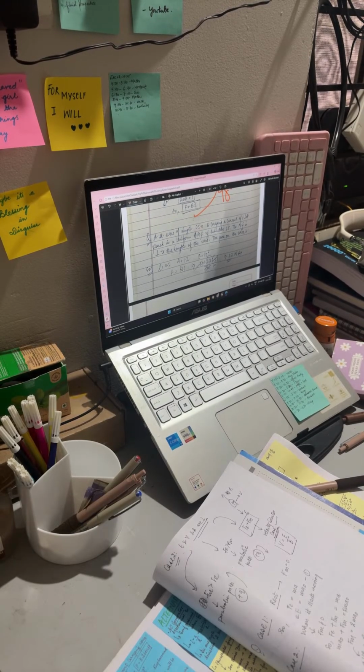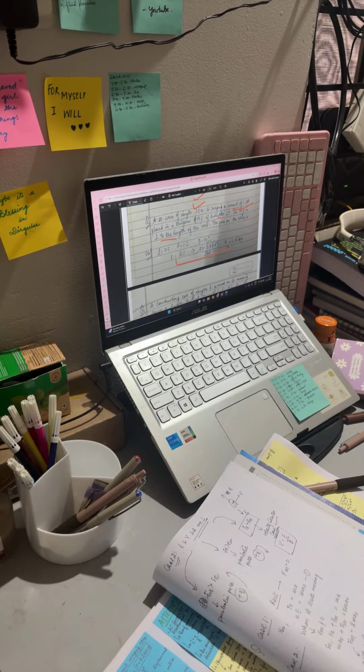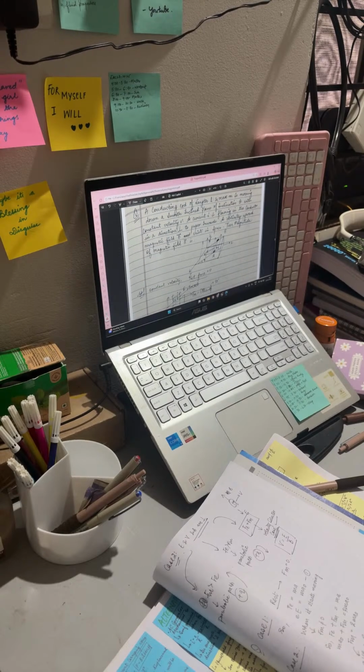A straight wire of length L carrying a current I placed in uniform magnetic field, तीनों दे दिया। मैग्नेटिक फील्ड इज परपेंडिकुलर, थीटा भी 90 डिग्री दे दिया, फोर्स निकालने को बोल रहे हैं, सिंपल। A conducting rod of length L, mass m is moving down a smooth inclined plane, ठीक है, ये inclined plane है, इसमें हमारे पास थीटा होगा कुछ और यहाँ से ये नीचे जा रहा है, ठीक है, with velocity v.